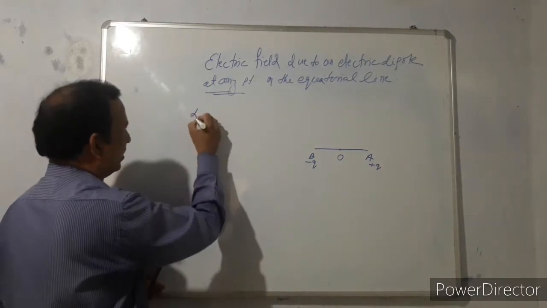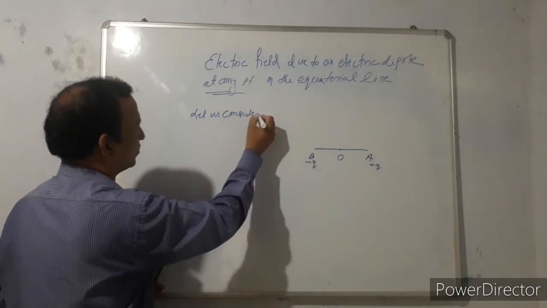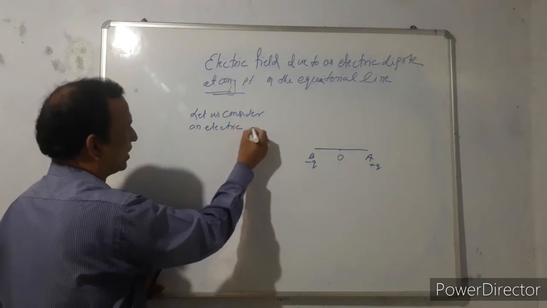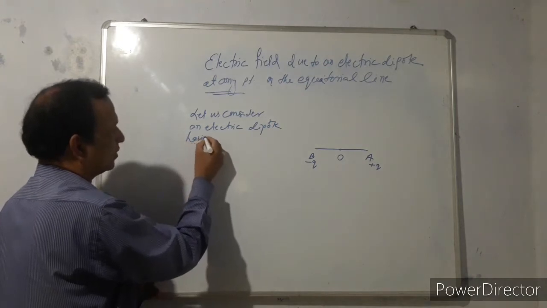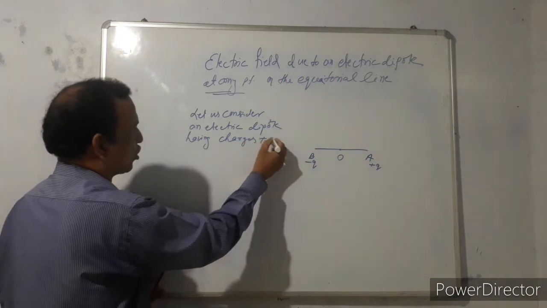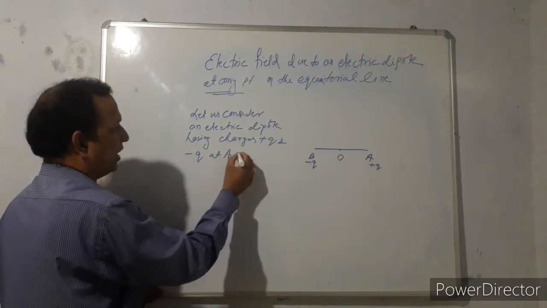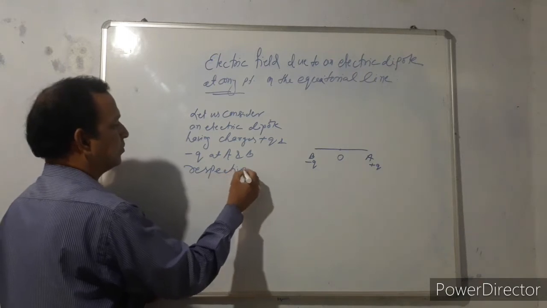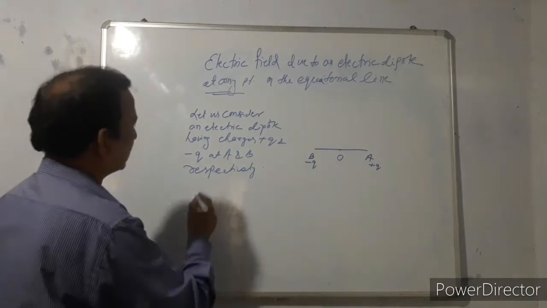So let us consider an electric dipole having charges plus Q and minus Q at A and B respectively. Clear?